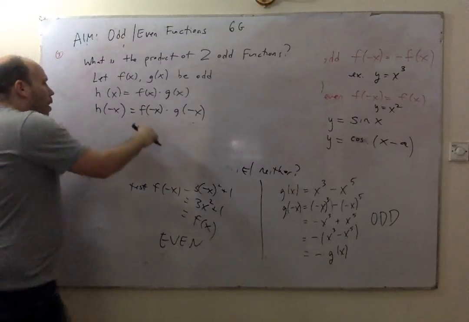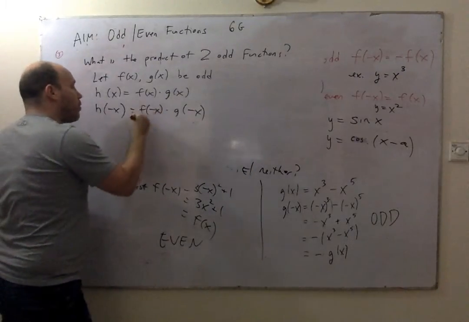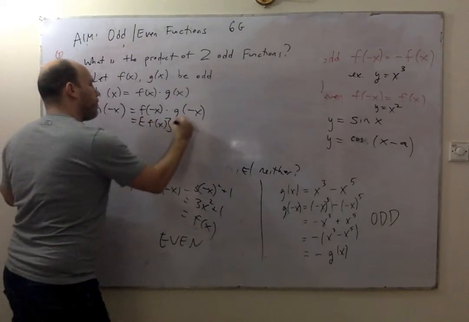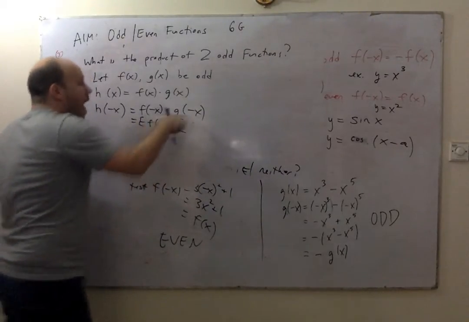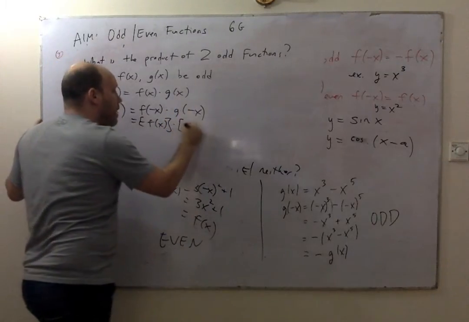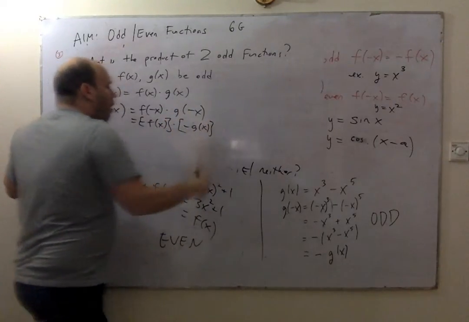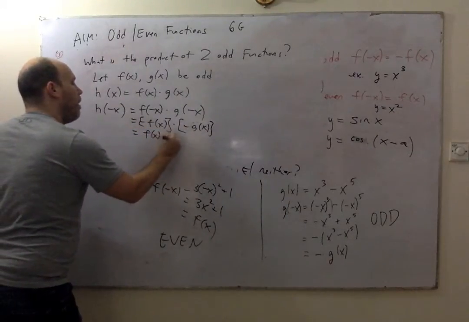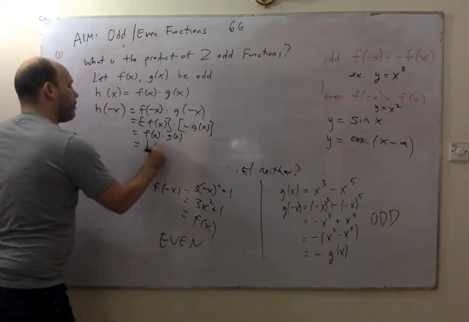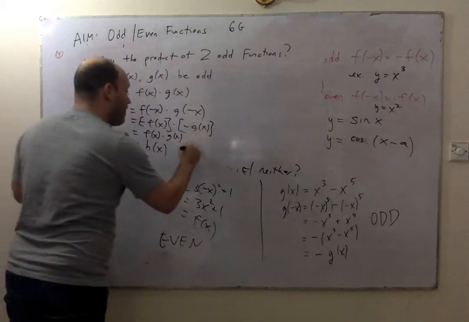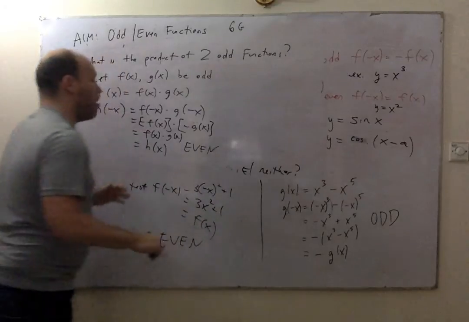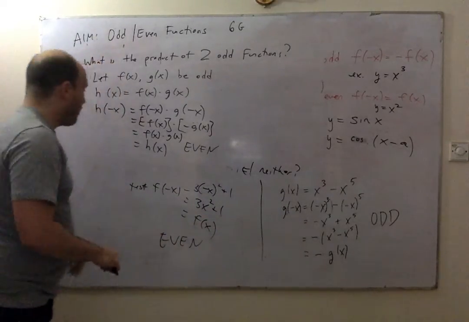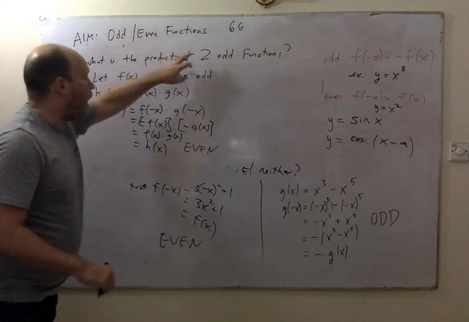Well, these are odd functions, which means this is negative f of x, and because this is an odd function, this is negative g of x. Well, negative times negative is positive. Even. Nice. Interesting, right? An odd times an odd is an even.